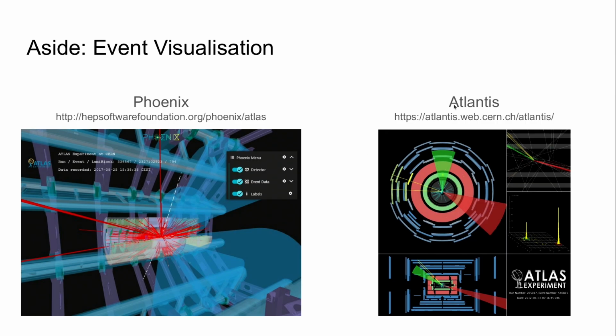The other one, Atlantis, is more of a typical professional style event visualization that you might see in some more publications that we'll be producing. Whereas this kind of visualization is more like what you might be seeing in, I guess, more outreach type material.